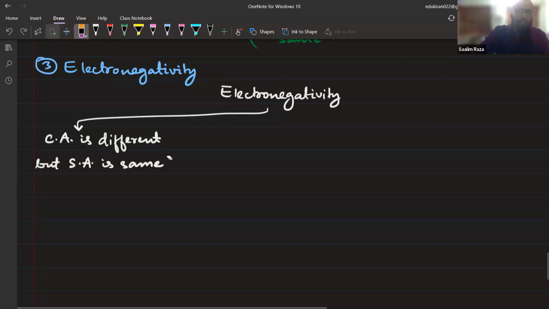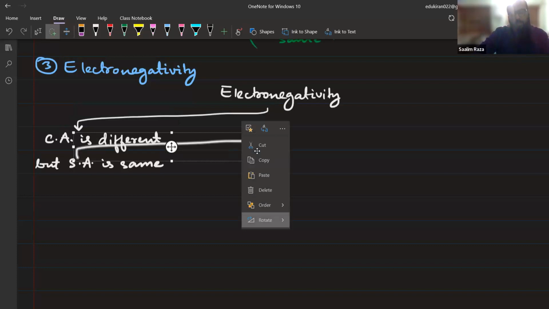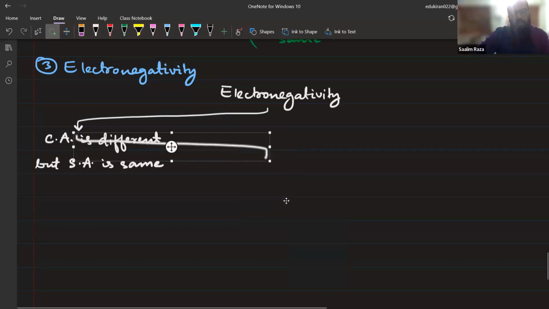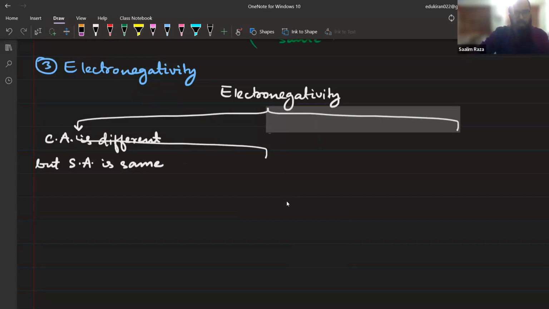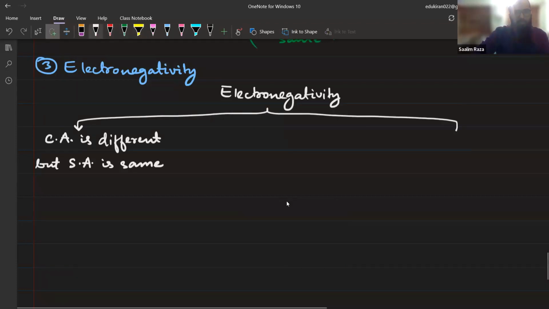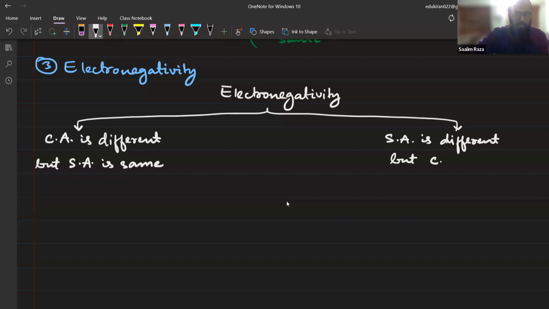First case, you can have the central atom is different, but the surrounding atom is same. Other case that you can have is when the surrounding atom is different, but central atom is same.